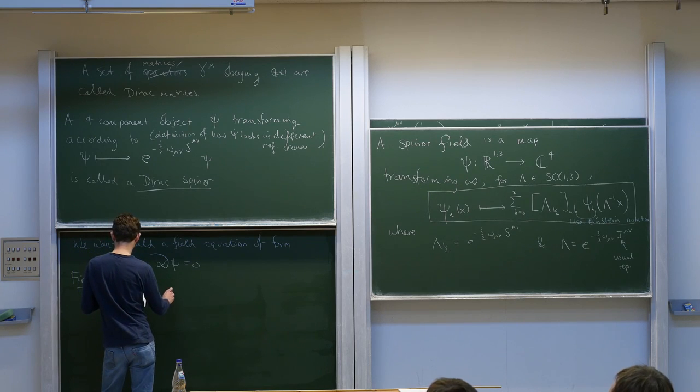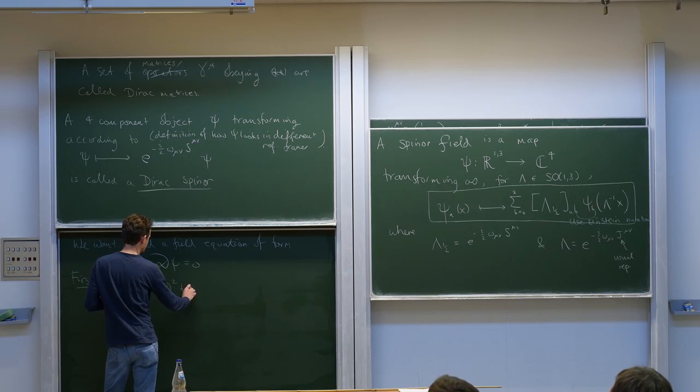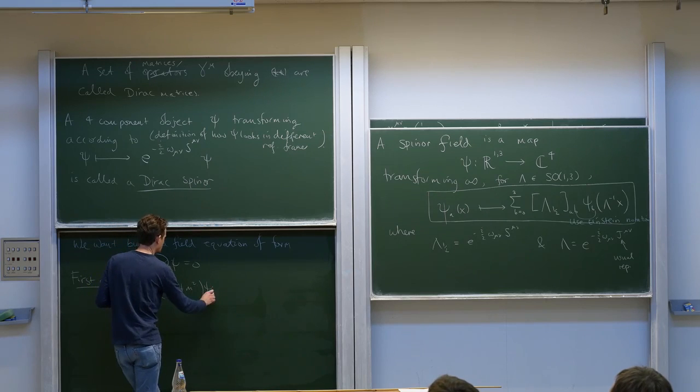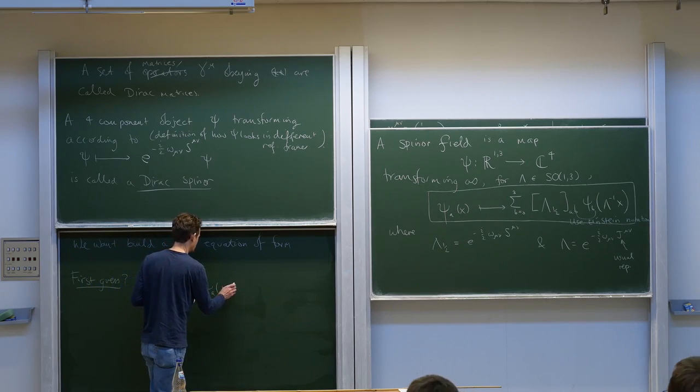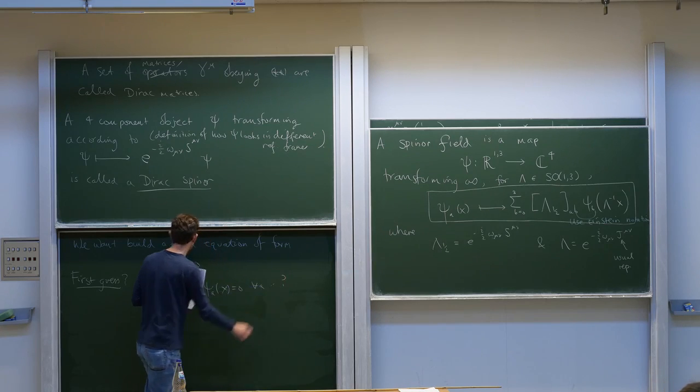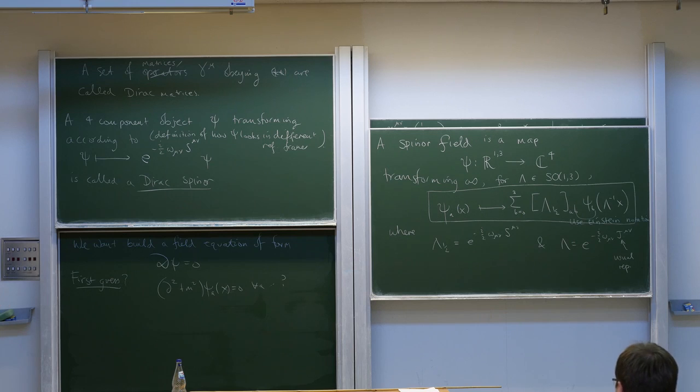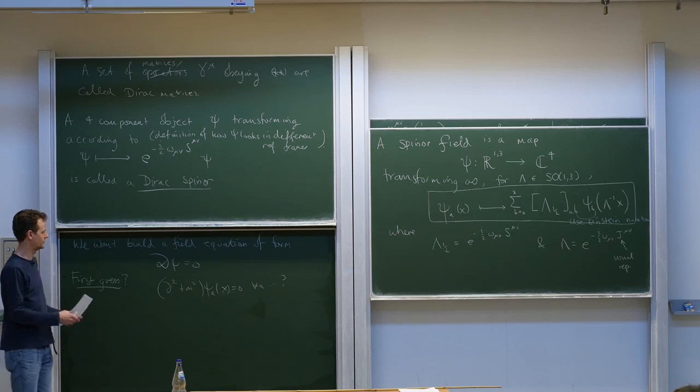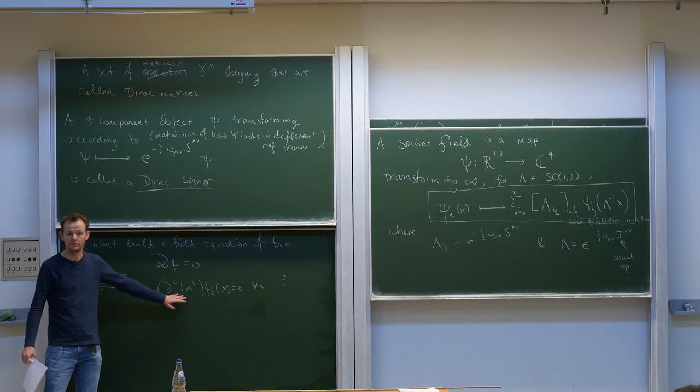So your first guess might be just the Klein-Gordon equation. That's actually invariant, right? Okay, there's a little calculation to do here. In a different reference frame, it's still obeyed.